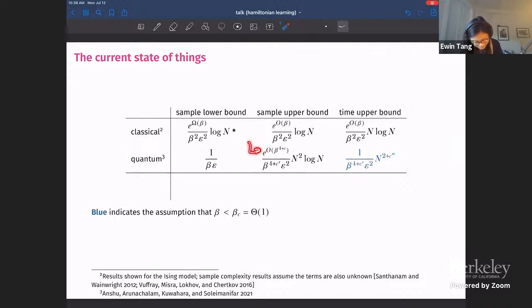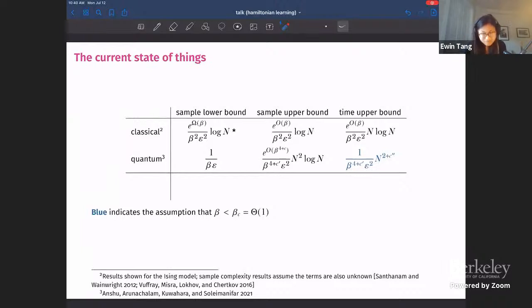And then here, this exponential goes away because beta is bounded. And here, C prime and C double prime are all just constants that are greater than 0. Okay, so given the difference between quantum and classical, there could still be gaps left in all three of these complexities.